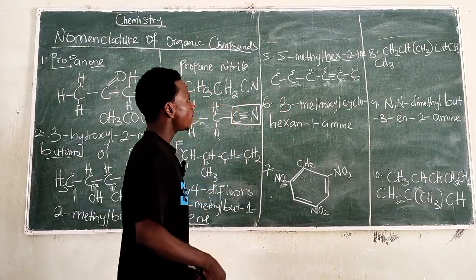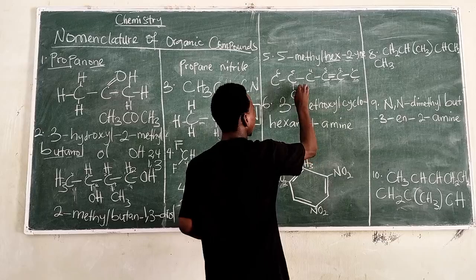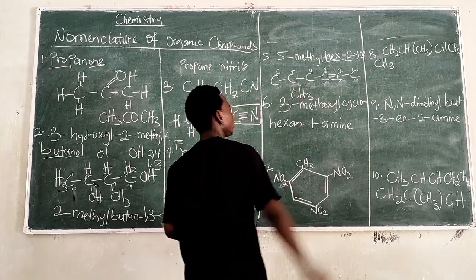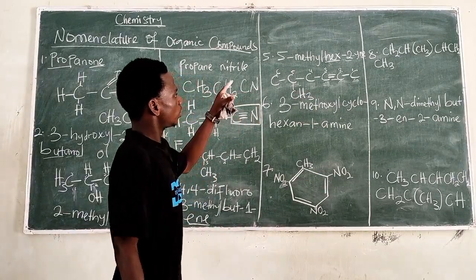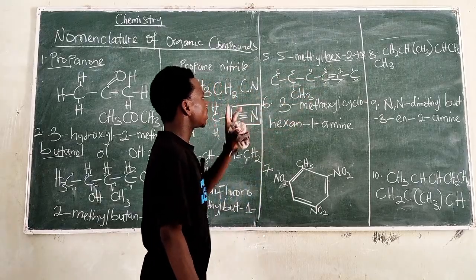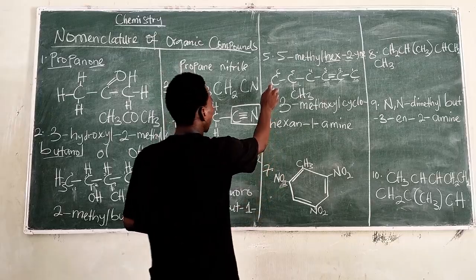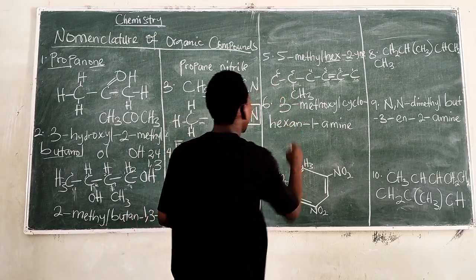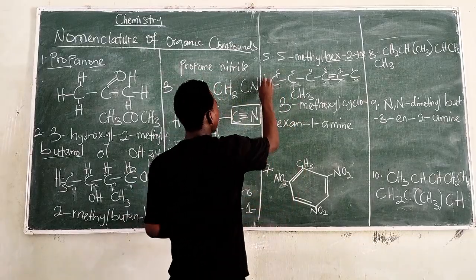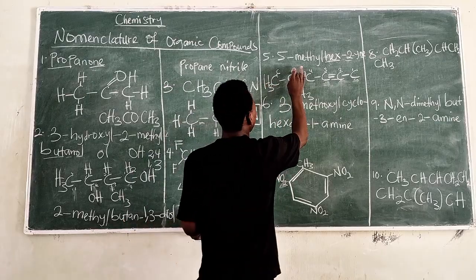And on carbon 5, we have a methyl, which is CH3. So we are done with our substituents. The next thing to do is to add our number of hydrogens to make the structure complete. This carbon here has just 1 bond. It needs 3 more hydrogens to complete its outermost shell.